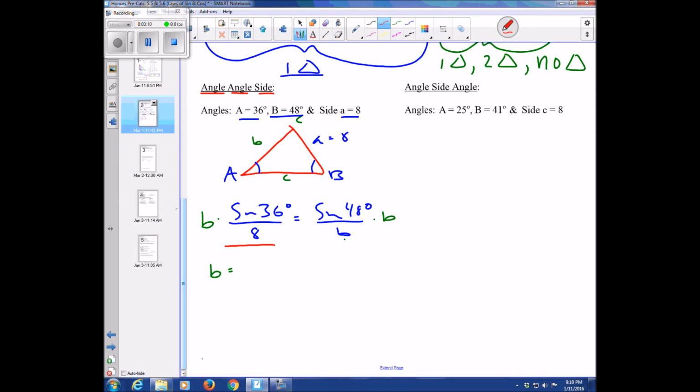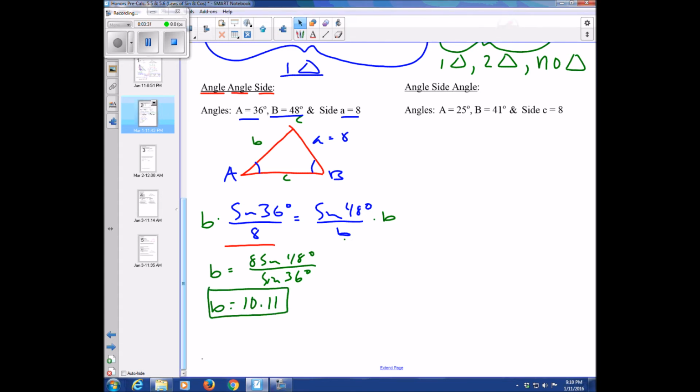When we do that, B is equal to 8 sine of 48 degrees over sine of 36 degrees. And that gives us side B as 10.11. So we've got side B as a length of 10.11 of some unit. We're not specifying the unit here.